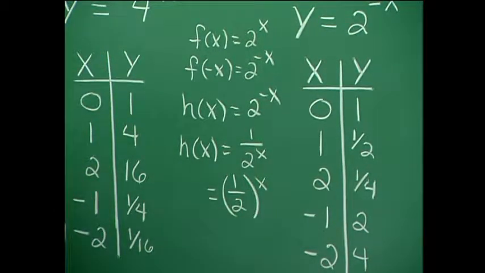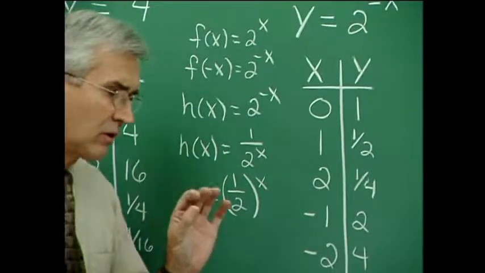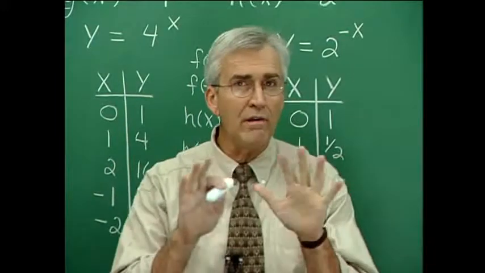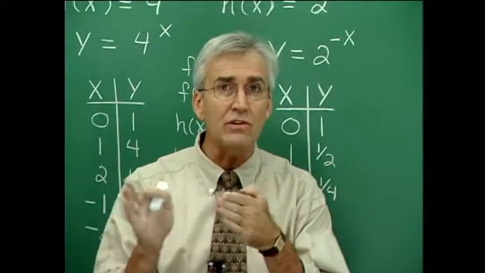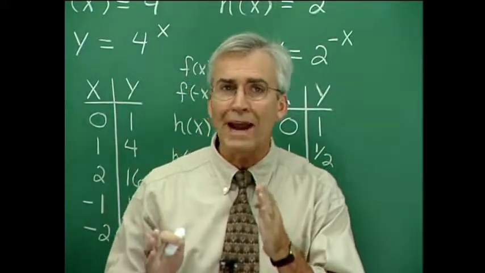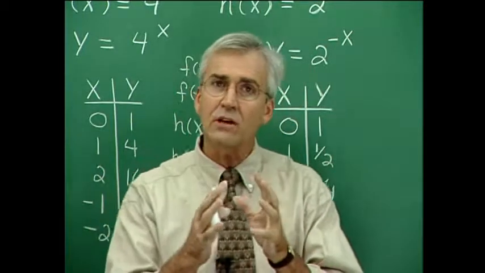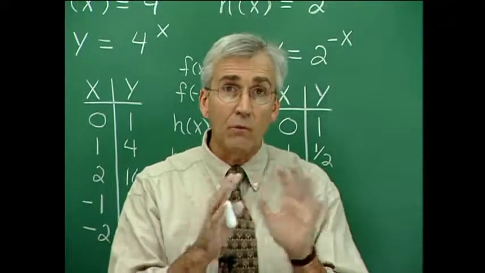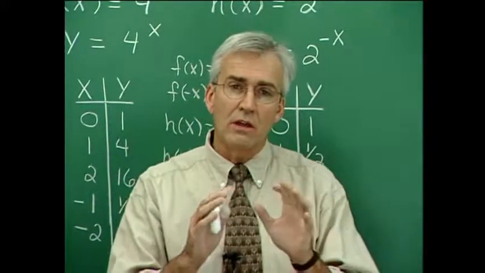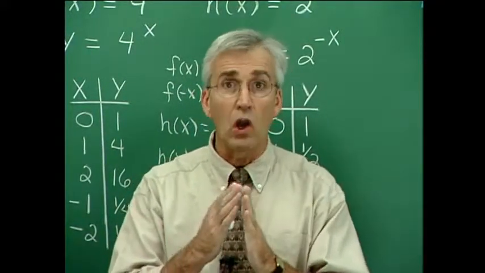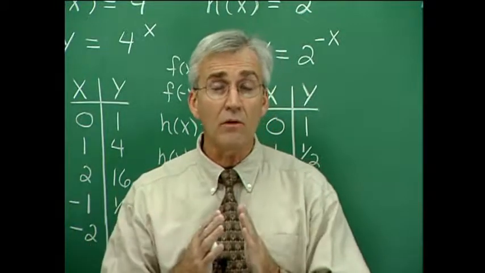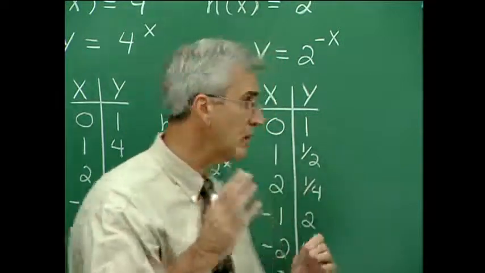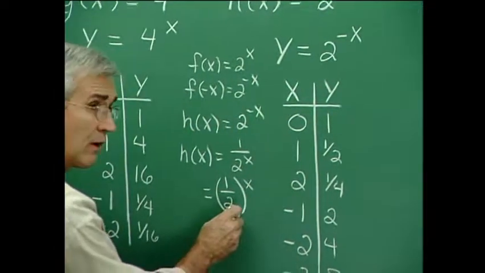We can think about this group of exponential functions, this one family, as having 2 branches. In one branch of the family, the base is a number larger than 1. And in the other branch of the family, the base is between 0 and 1. And here's a situation where the base is between 0 and 1.